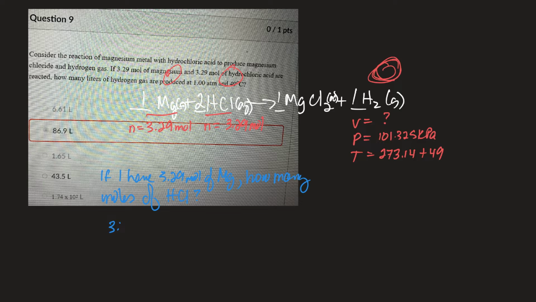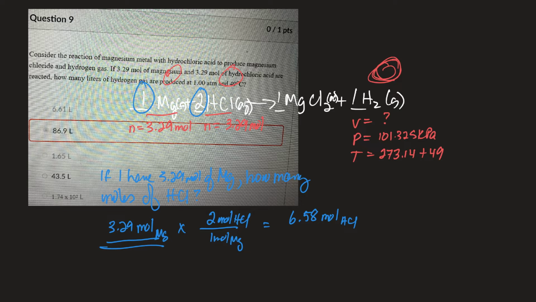So I have 3.29 moles of magnesium. So multiply it by the ratio, which is 2 to 1, right? So 2 moles HCl to 1 mole magnesium. Okay, if I multiply that, I'm going to come up with 6.58, I think, moles of HCl. Okay, so if I have this much magnesium, I'm going to need this much HCl to react it all.